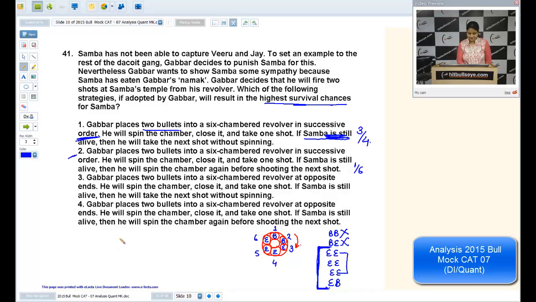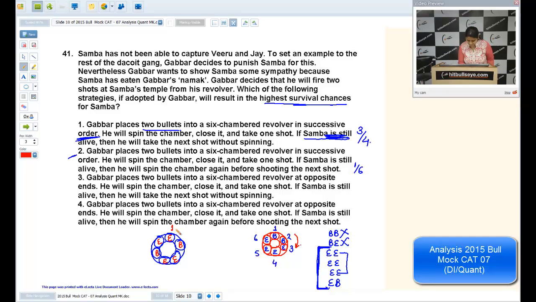Now I'm taking the third thing. Gabbar places 2 bullets into a 6-chambered revolver at opposite ends. Now the places are different. Say here is a bullet, empty, empty, bullet, empty, empty.